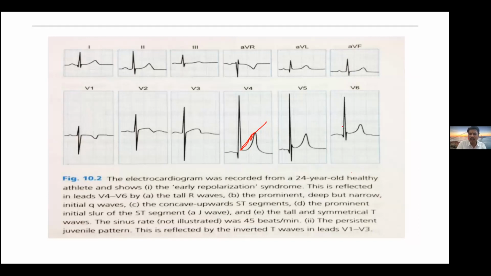So even though there appears to be ST elevation, see here, this is the line which we are talking about, and there is a 1.5 millimeter ST elevation. J point is elevated, and there is concavity upwards. Now you can clearly understand why this ECG, even though it appears classic ST elevation, everything is there, we need not panic. It is a simple early repolarization.